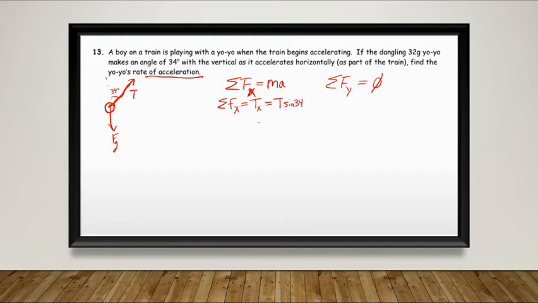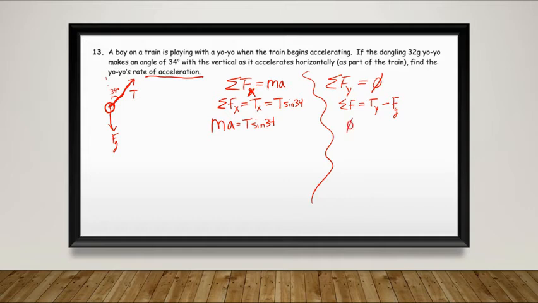Okay, and that's going to be equal to mass times acceleration. So we have mass times acceleration equals tension sine 34. Now, when we look at our y direction, we have our sum of forces equal to 0, which is equal to our tension in the y direction minus our force of gravity.